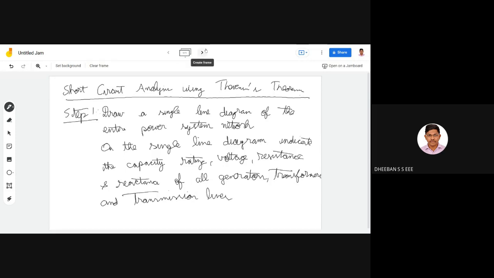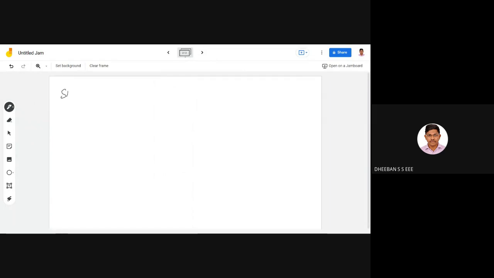Okay, so step two. What we have seen in unit one, the same thing: you'll be selecting a common base, right? So that's your second step.